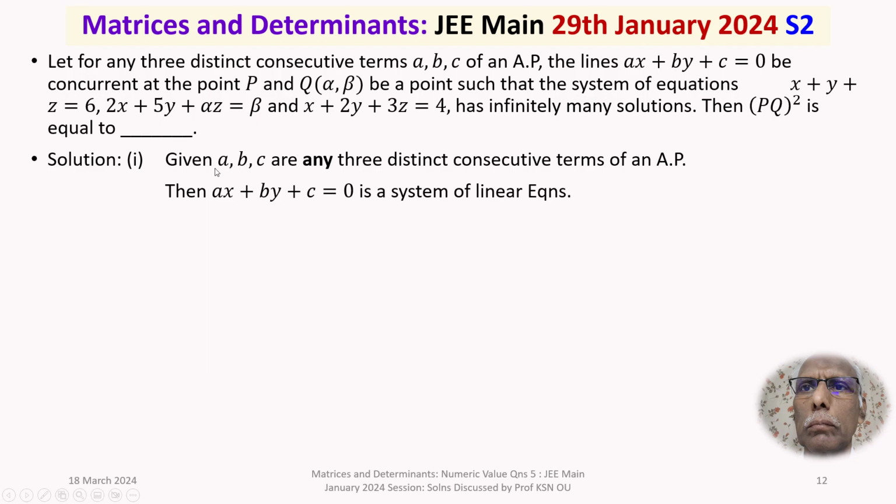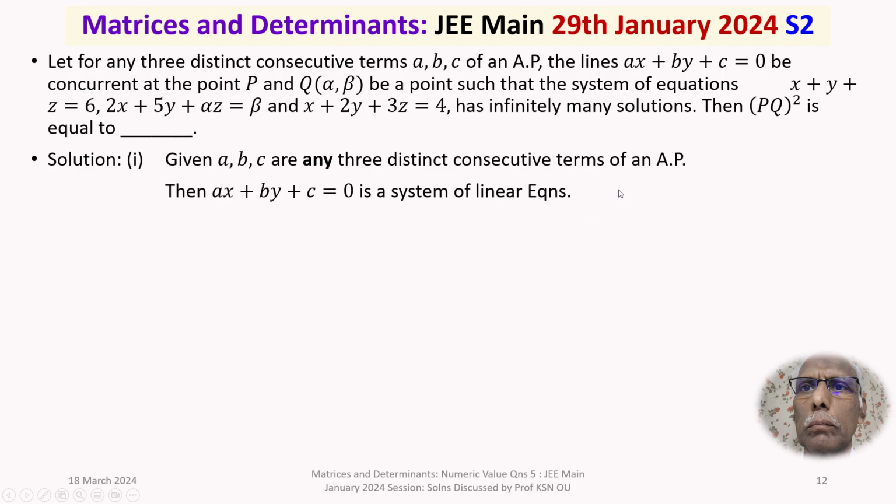And how many triads A, B, C can you have such that they are the consecutive terms of an AP? We have infinitely many triads like this. So for each triad we have this equation. Therefore, we have infinitely many triads and infinitely many equations. And that's how you will get a system of linear equations.